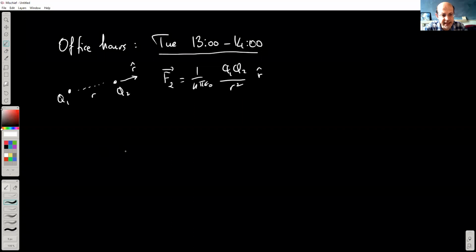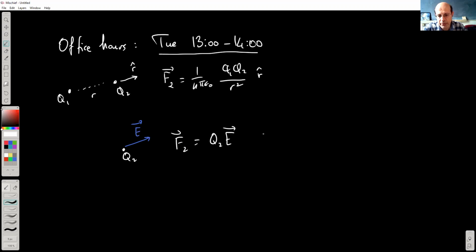And then I have said that if there's a charge Q2 in here, and there's also an electric field in here, right? We have said that in that case, the force on the charge can be written as the charge multiplied with the electric field.